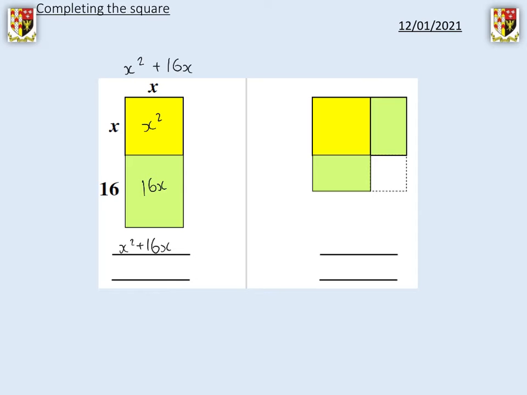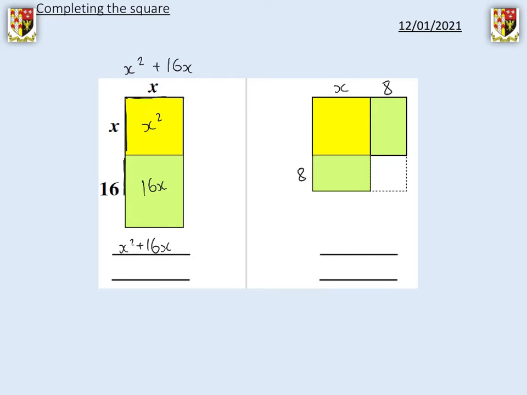Then if I want to make that into a square, then obviously we know that the x is the same on both sides, but the 16 is different, so I need to halve the 16, and move half of it up to the top so that they're both the same. So the 16 was halved, so that is now 8 long, and the other 8 has just gone up to the top, up there.